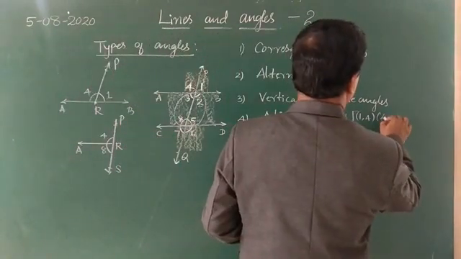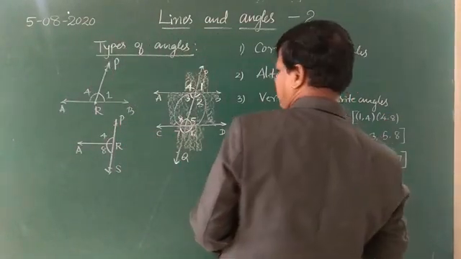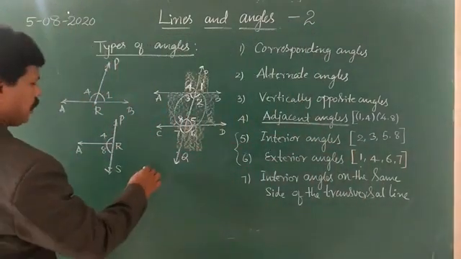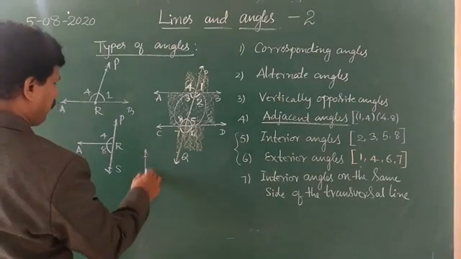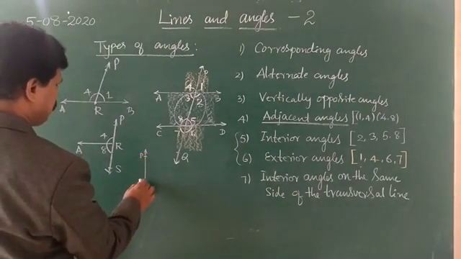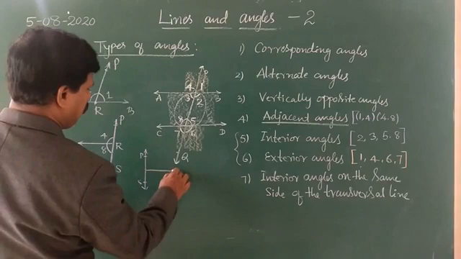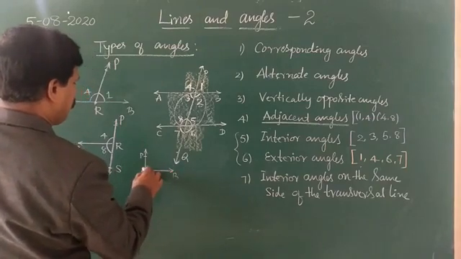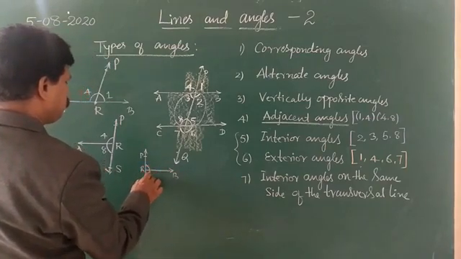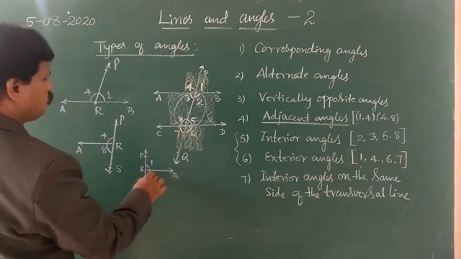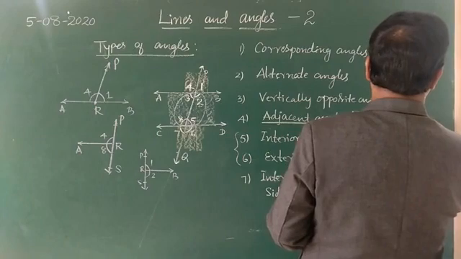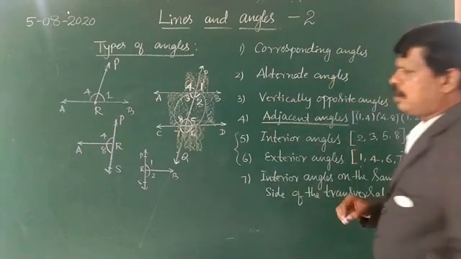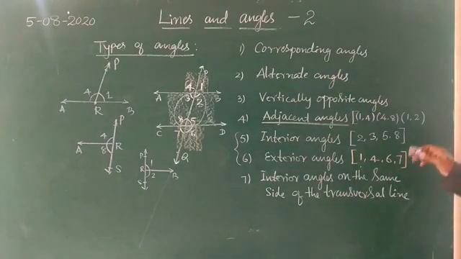So one more pair, 4 and 8. Similarly, another one, this is P and S, and here is B, and here is R, and these two, 1 and 2. 1 and 2 is one more pair, 1 and 2 are the adjacent angles, right?